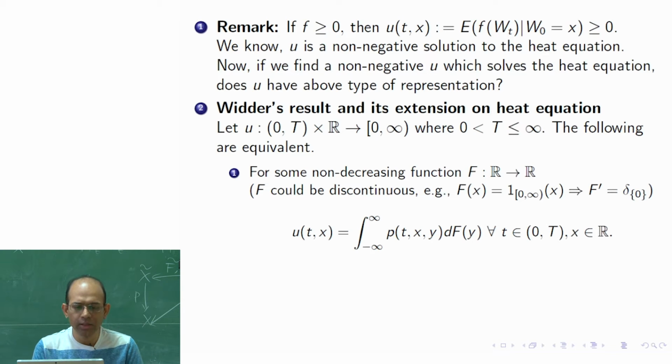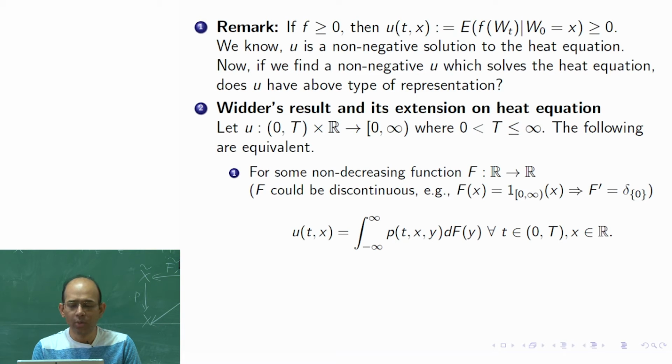What are these? That for some non-decreasing function capital F, u of t comma x is equal to the integral from minus infinity to infinity of p of t, x, y, integrated with respect to capital F of y.